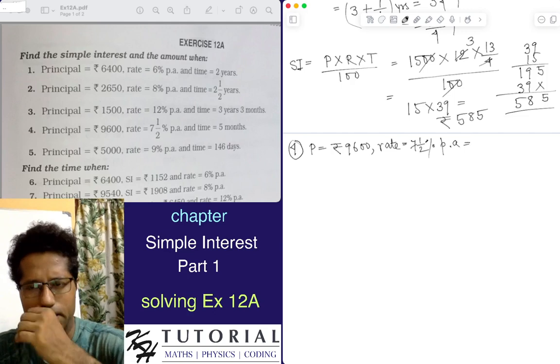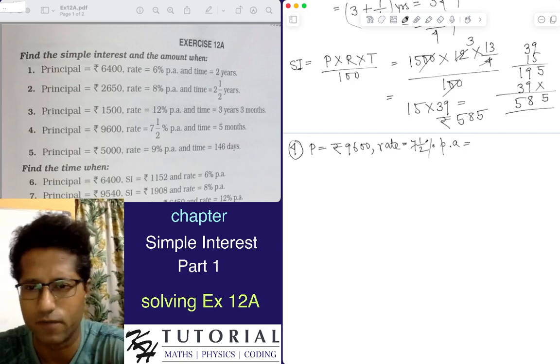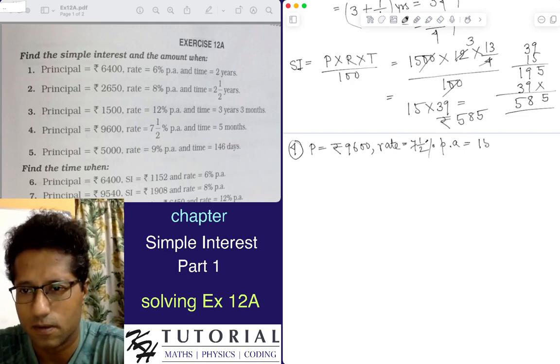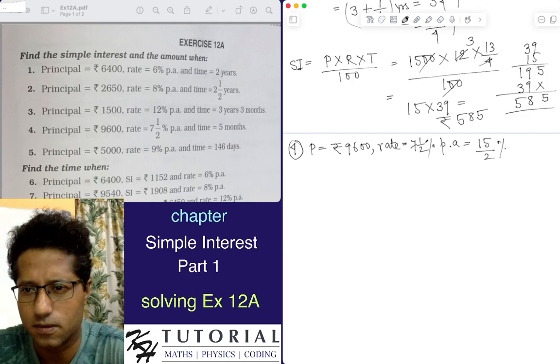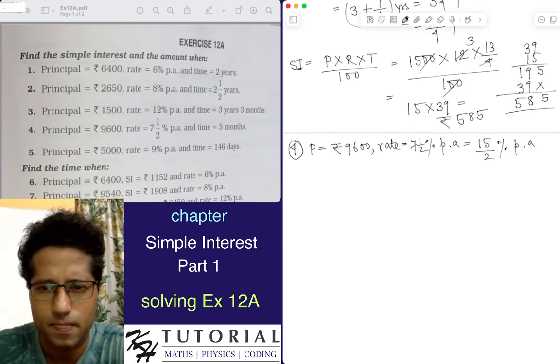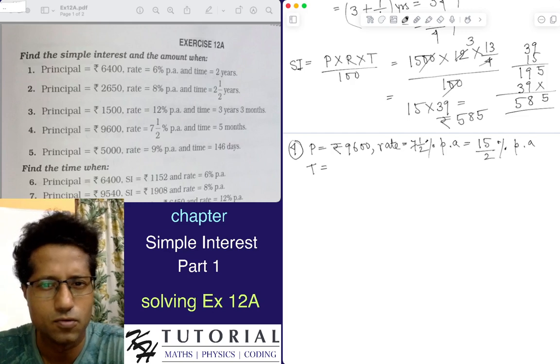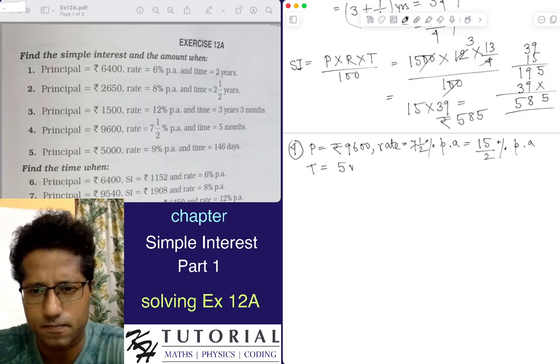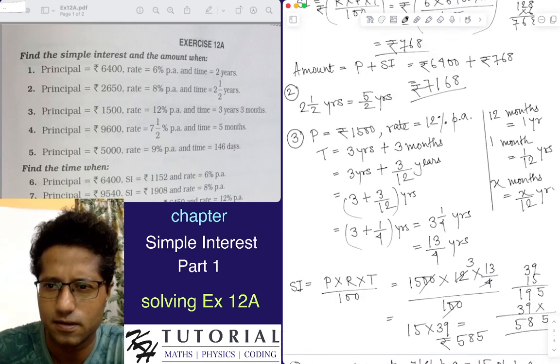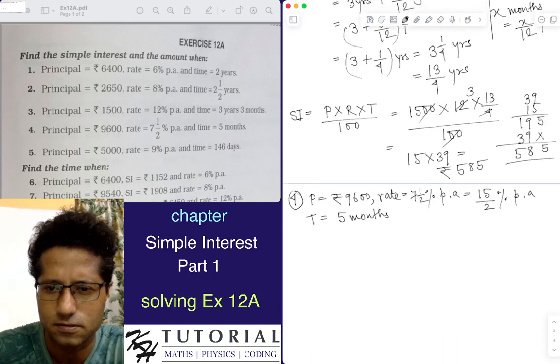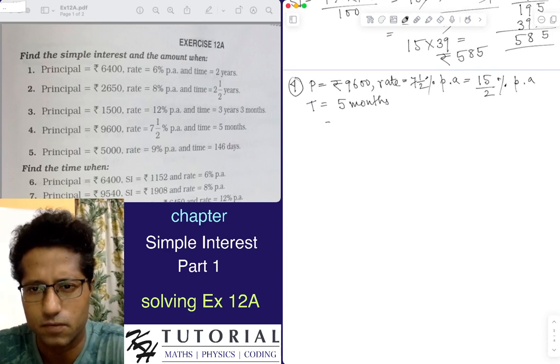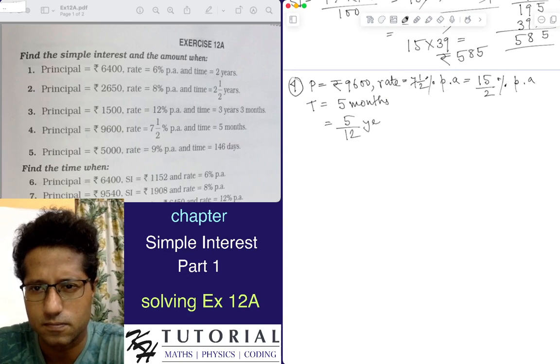This you have to convert to an improper fraction, which will be 15 by 2% per annum, and time is given to be 5 months. Now 5 months, as I have explained on the right hand side, X months is X by 12 years. So 5 months is equal to 5 by 12 years.